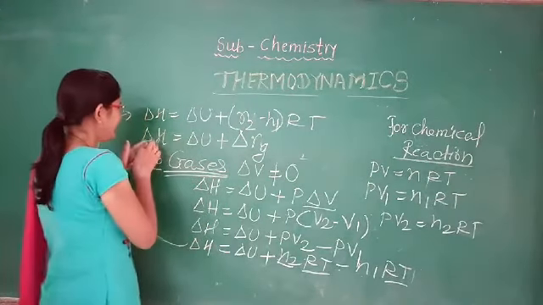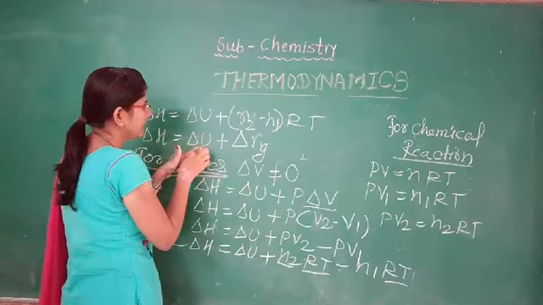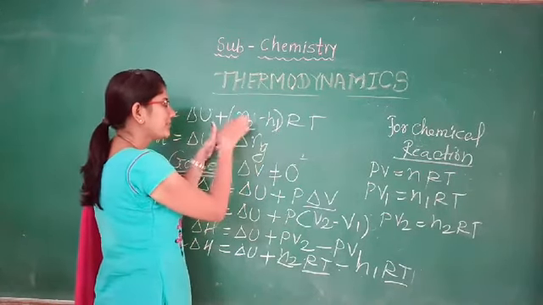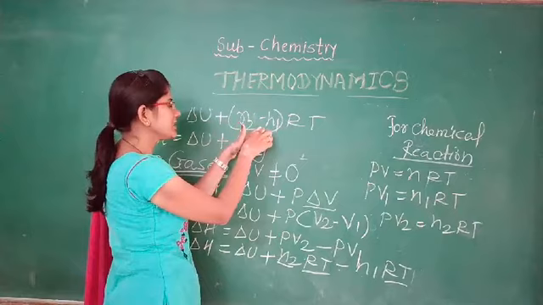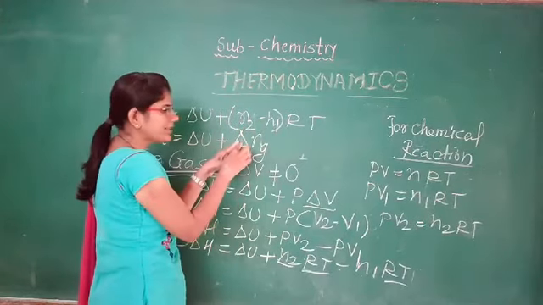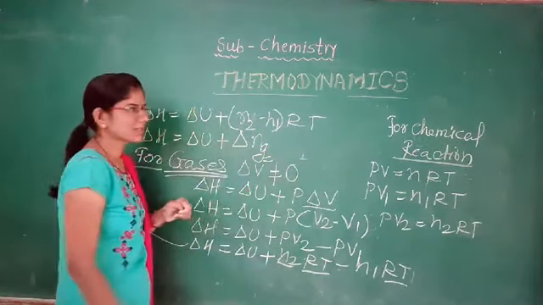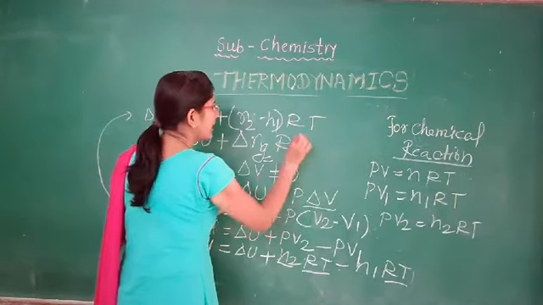Delta H is equal to delta U plus N2 minus N1, means final number of moles minus initial number of moles. It becomes delta N, but only for the gaseous state, and RT.